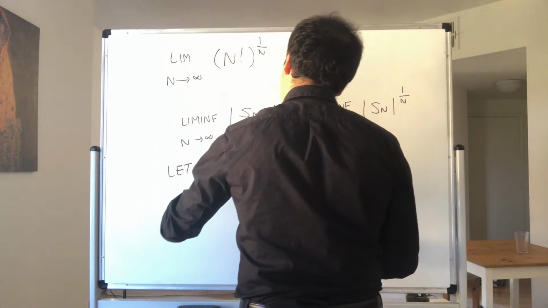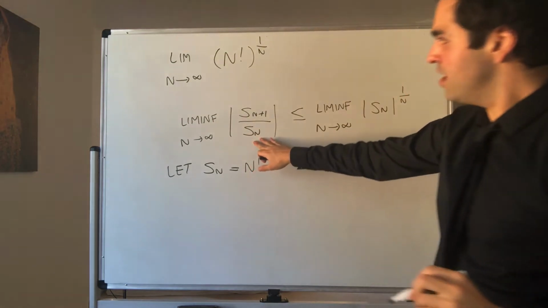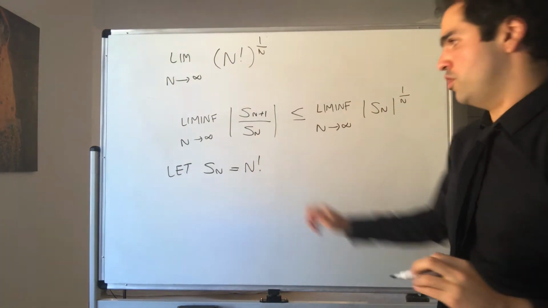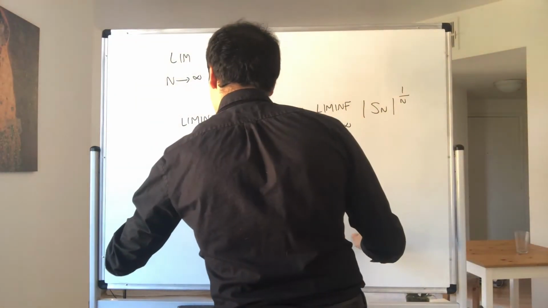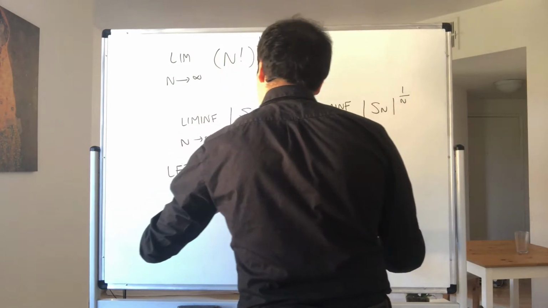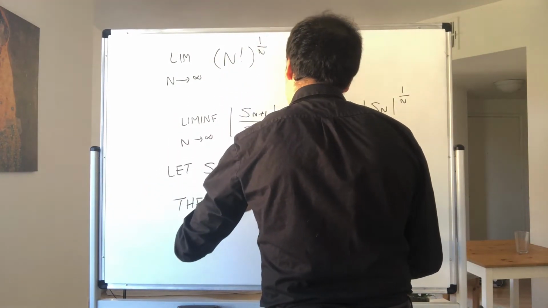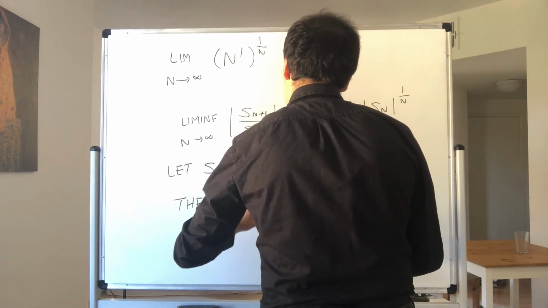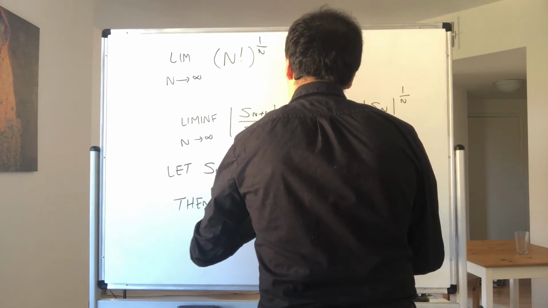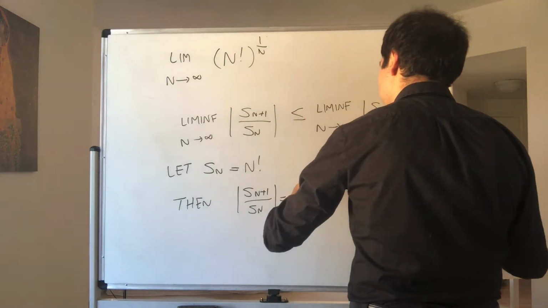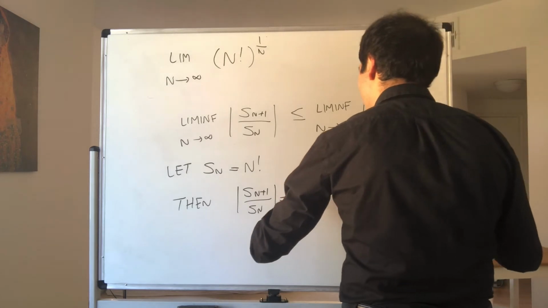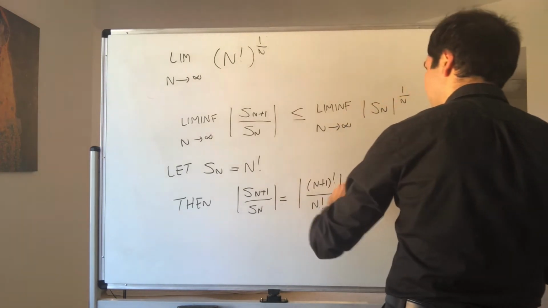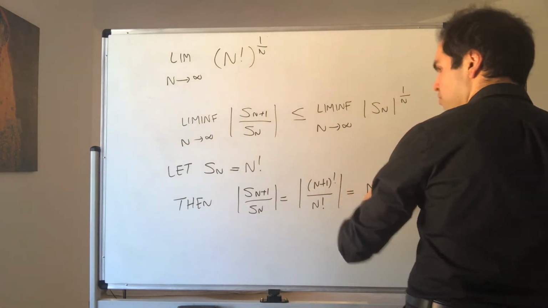So let S_n be n factorial, and let's calculate the ratio term. Then S_(n+1) over S_n becomes the absolute value of (n+1) factorial over n factorial, and that just becomes n plus 1.